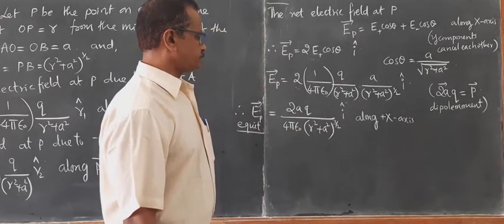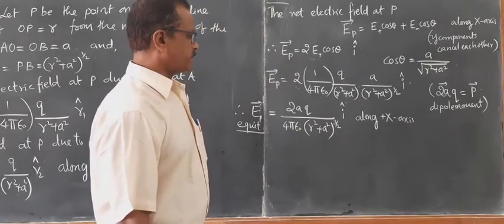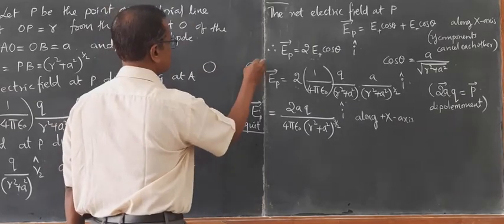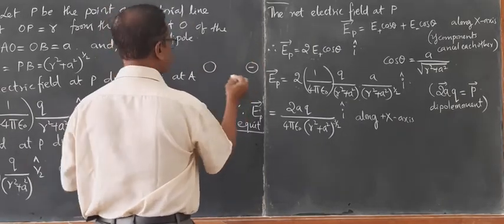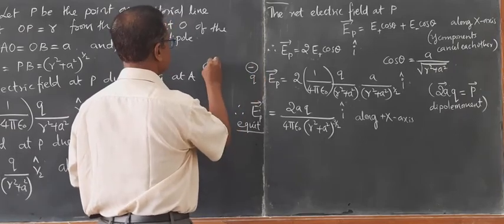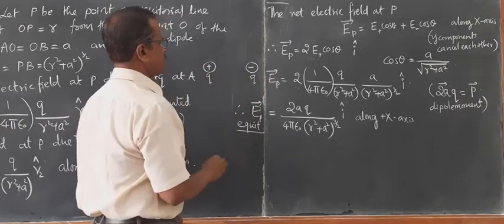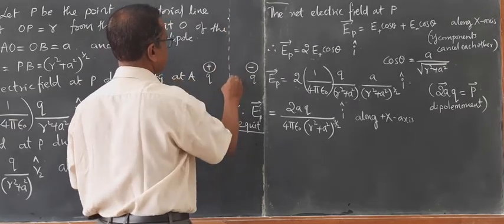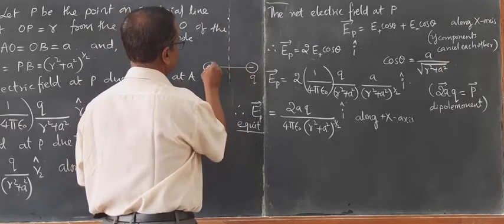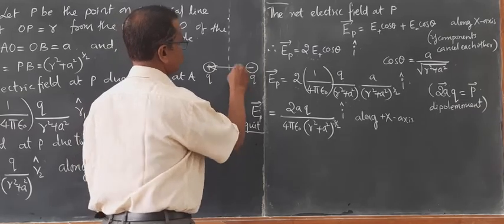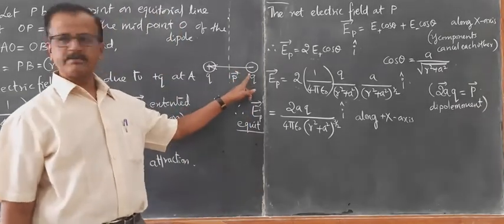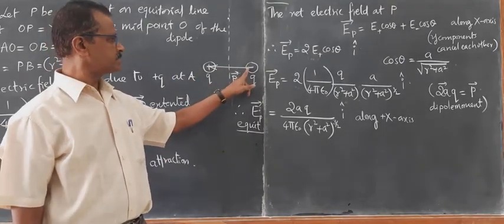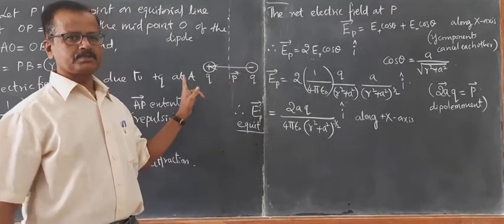Now, from the diagram, if this is the negative charge and this is the positive charge, and this is the point on the equatorial line, we know this gives us the direction of the dipole moment. Dipole moment is always directed from minus charge to plus charge, minus q to plus q.